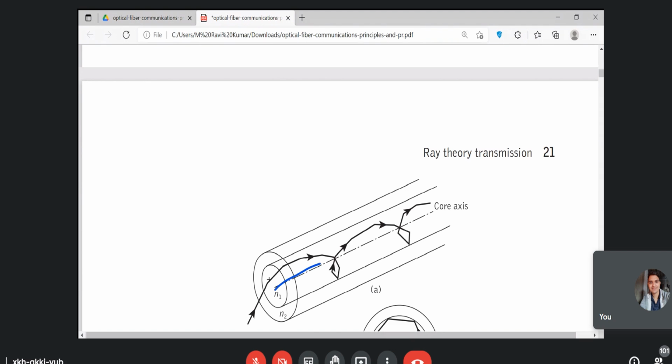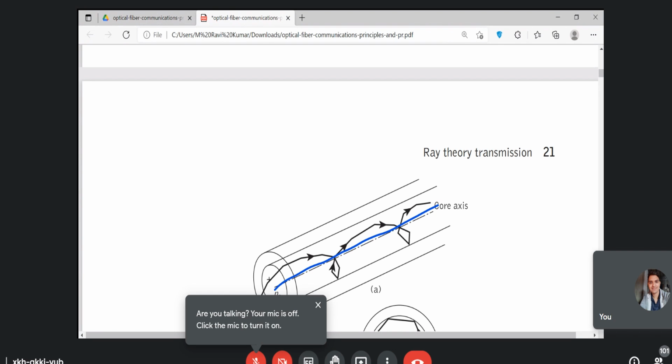You can see there is a line along the core. This is the axis. So this particular ray is incident at a point which is not at the axis, but away from the axis. And based on the angle of incidence, it is able to propagate along the fiber.